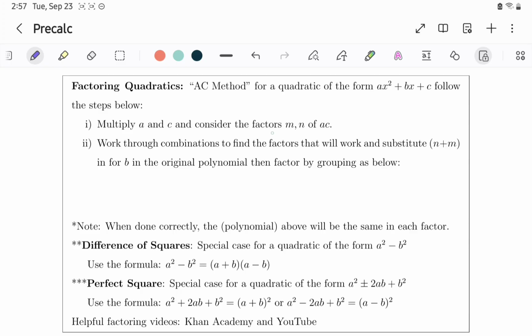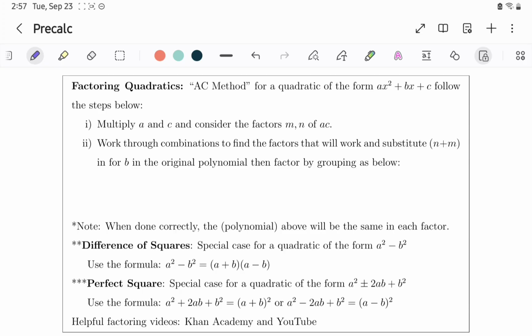And so we are going to quickly talk about this method for factoring quadratics that can be faster than using the quadratic formula when possible. So it's called the AC method. And to factor a quadratic of the form ax squared plus bx plus c using the AC method, assuming it is factorable over the integers, we want to multiply a and c and then consider factors m and n of a times c, the product, that add to b.